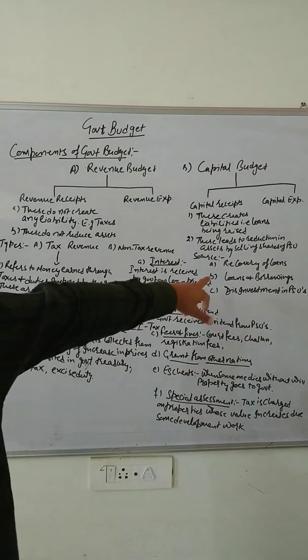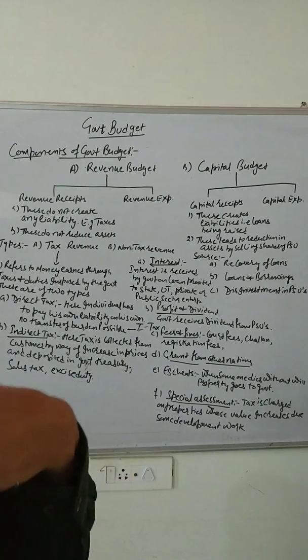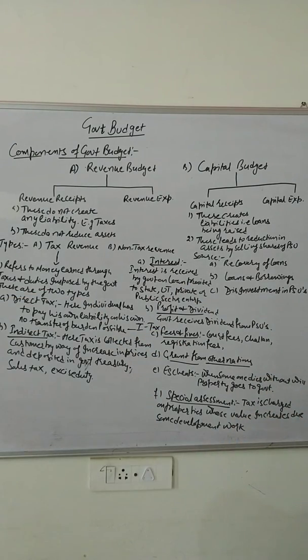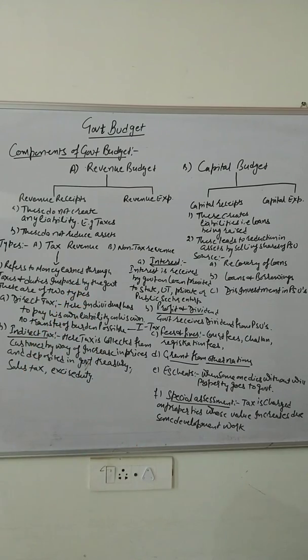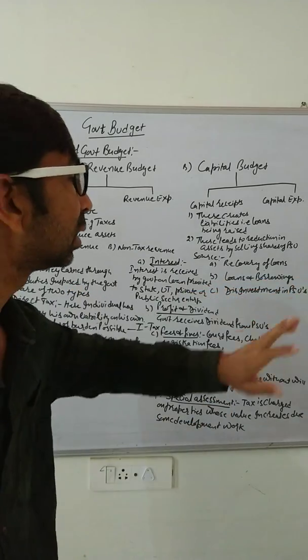That is the first source. Second source is we raise loans from some international agency or commercial banks, domestic commercial banks, from Reserve Bank of India, from various domestic banks or financial institutions, or from international banks or financial institutions, or from some international governments. We are raising the money, that is the loan and the borrowing.